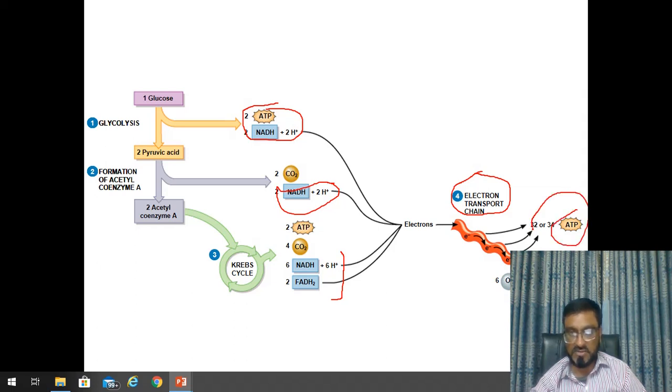Normally 32 or 34 ATPs are generated from one glucose unit. You can see how complex the process happening in the cell is. We will discuss all these processes of metabolism in detail. There are so many reactions involved in this.